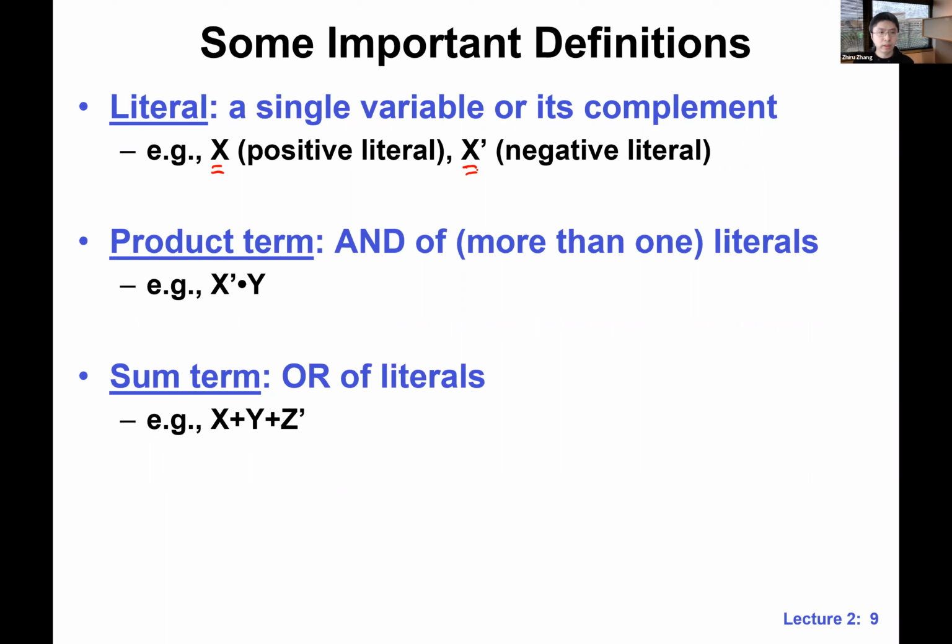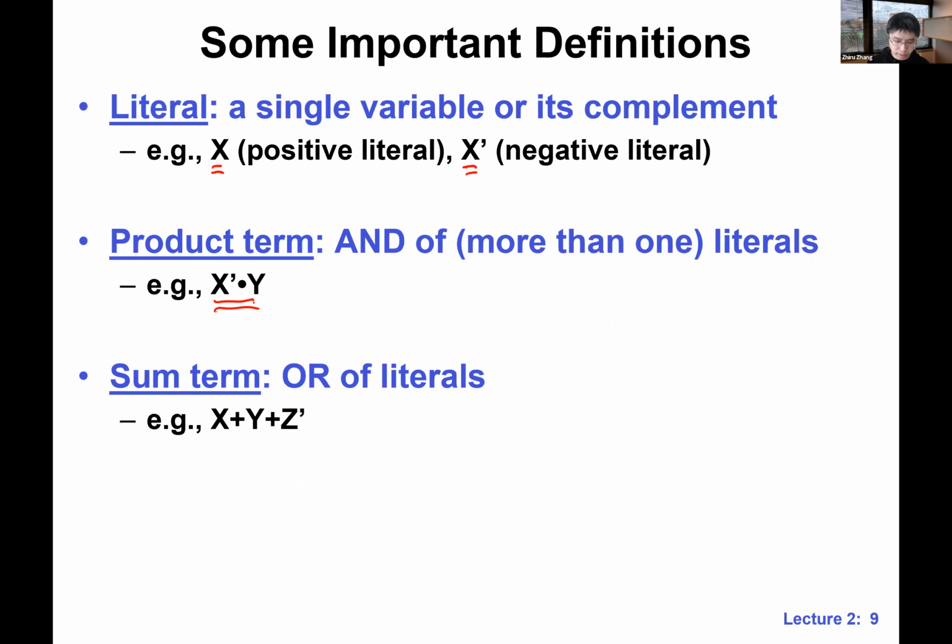Once we have the definition of literal, we can define something called a product. This is related to the AND. If you AND multiple literals, more than one, together, we have a product term. This one is a product term with two literals. We may also have a sum term. We're going to use product and sum a lot, because, like I said, you often just say times or plus.